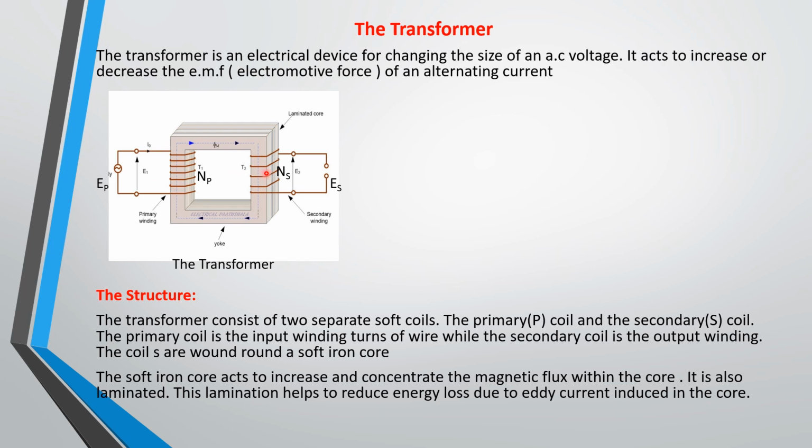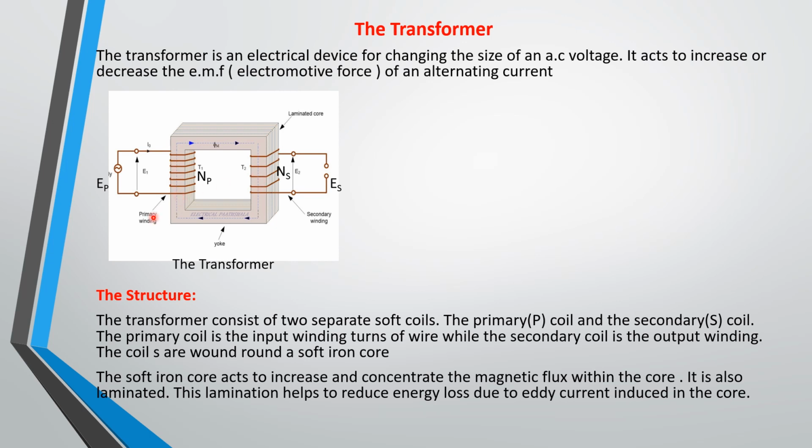These coils are constructed with wire wound round a laminated core. This is the main core of the transformer. The structure of the transformer consists of two separate coils, the primary coil and the secondary coil.